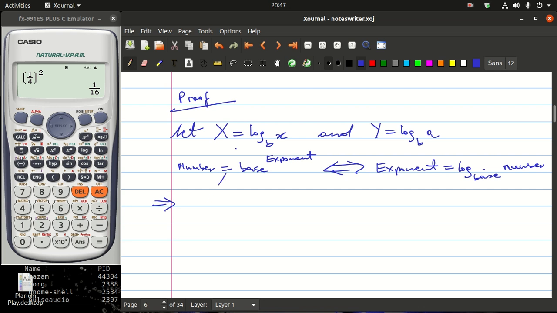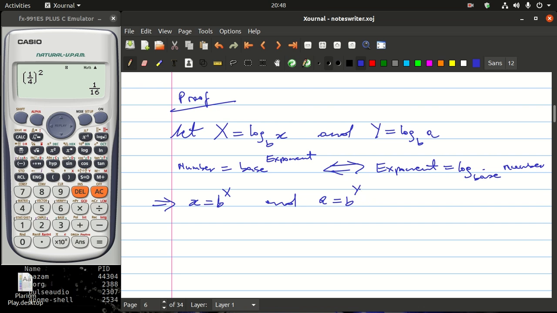So this one implies that, remember, what am I doing here? This one, this is the base. Because this one is written in this format, whatever is this side is an exponent, and whatever is here is supposed to be a number. So we're gonna have x equal to the base b raised to the exponent x, and a equal to b, which is the base, raised to capital letter y.